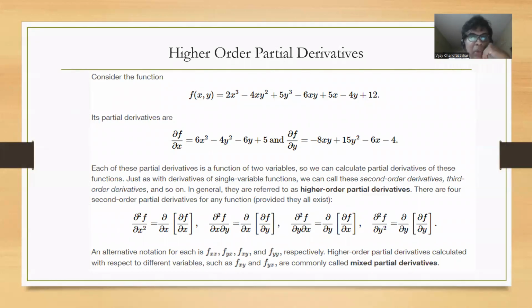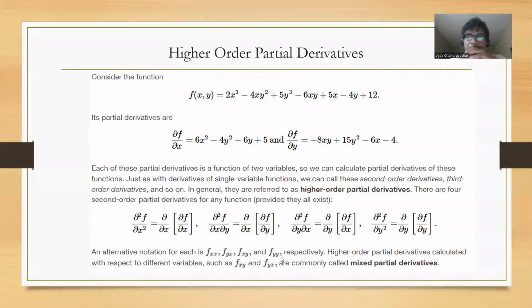And when you calculate dou f by dou z, you can calculate 3 different second order partial derivatives on top of that. Okay. So one alternative notation for second order partial derivative would be fxx, which means dou square f by dou x square, then fyx, fxy, and fyy.